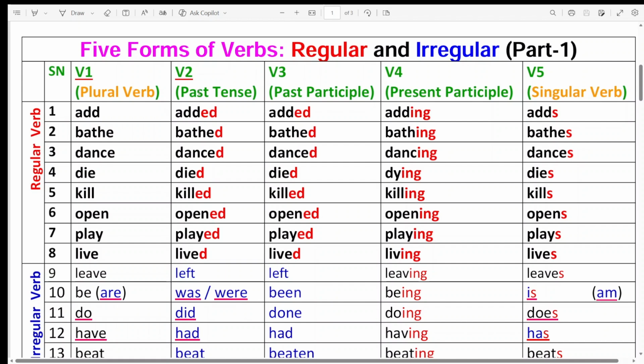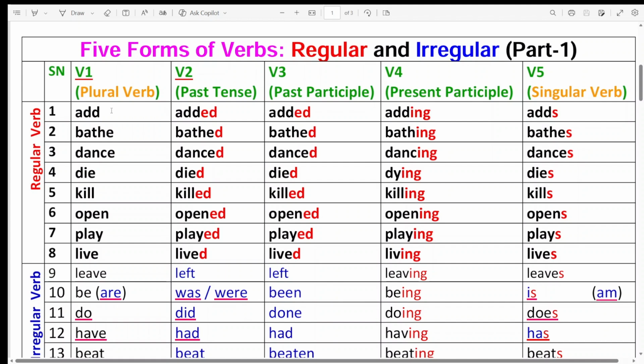There are so many regular verbs that we can easily understand and learn them. We simply have some rules to change them into V2 and V3. And some are irregular. There are only a few.